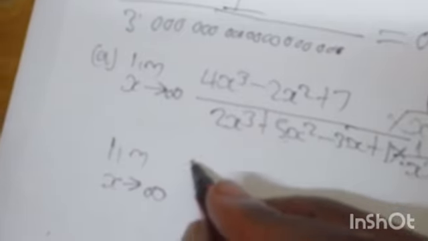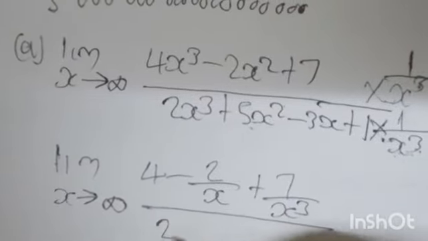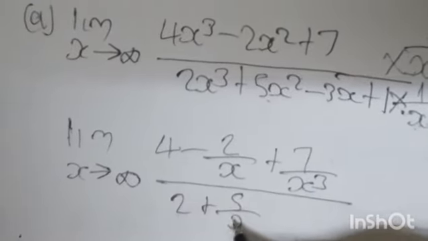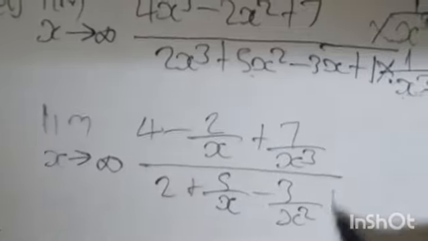It will be the limit as x approaches infinity of 4 minus 2 over x plus 7 over x to the power 3, over 2 plus 5 over x minus 3 over x squared plus 1 over x to the power 3.